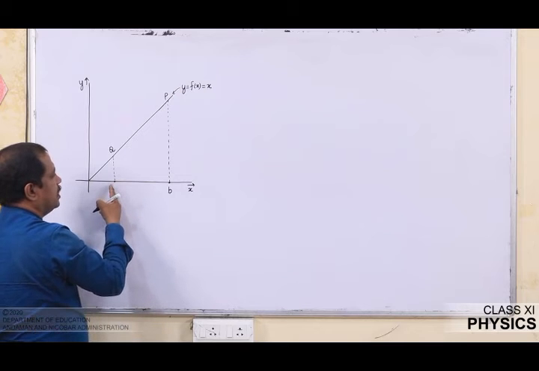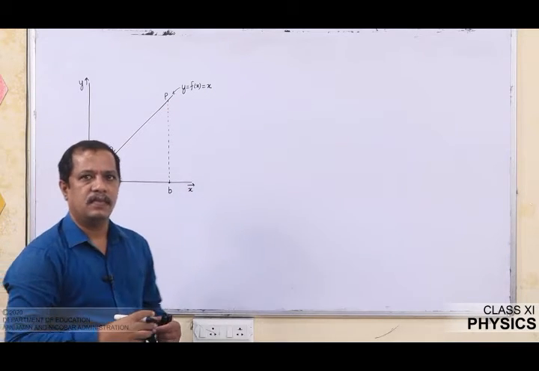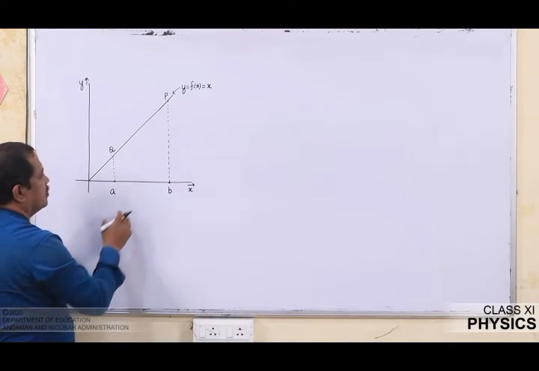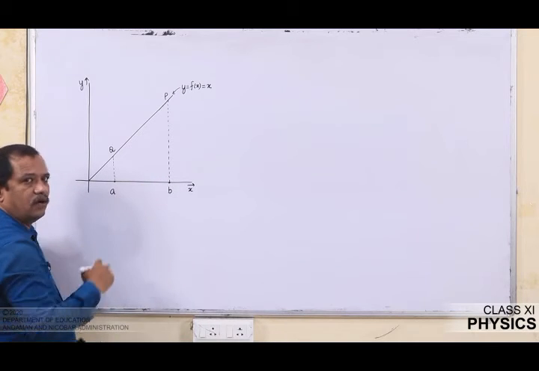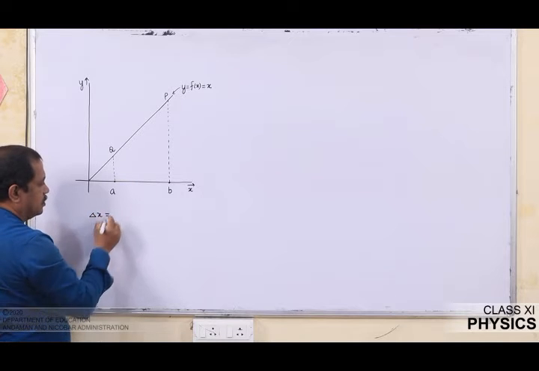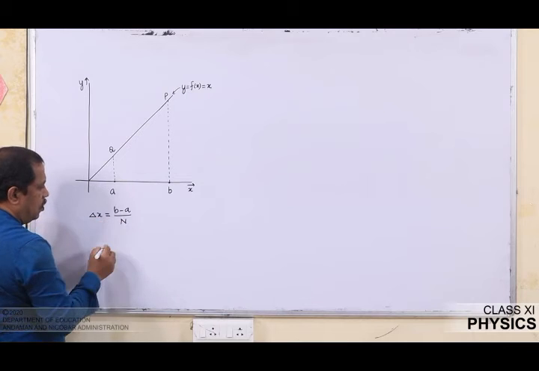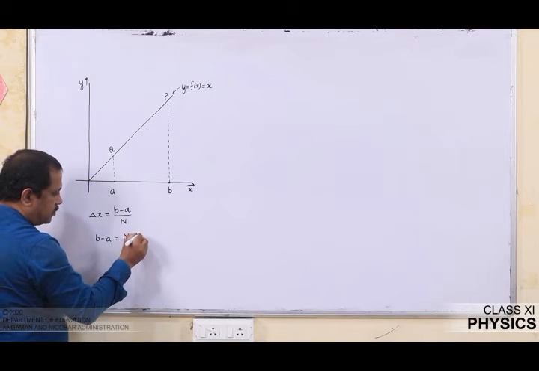So, I want to calculate the area of a, b, p, q, which is a trapezium. So, for that I want to divide this entire area into n strips of equal width, which we already studied, called delta x. So, for me delta x is equal to b minus a over n, or I shall write b minus a is equal to n into delta x. This is first.